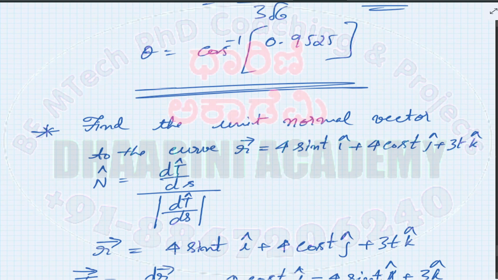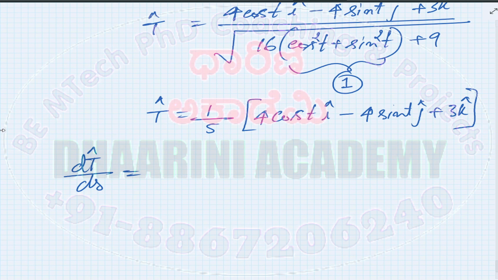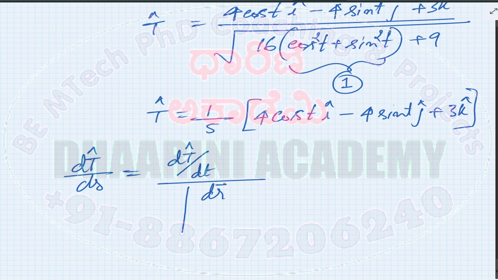So anyway, I can directly write that formula here now. This is nothing but dT cap by dt, whole divided by the magnitude of dr by dt. So what is dT by dt?